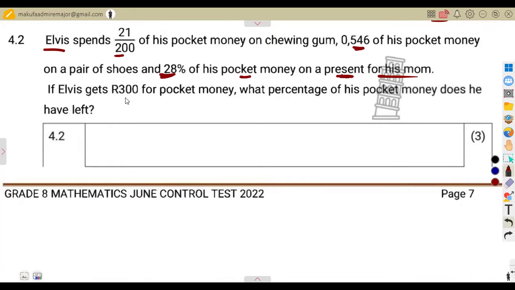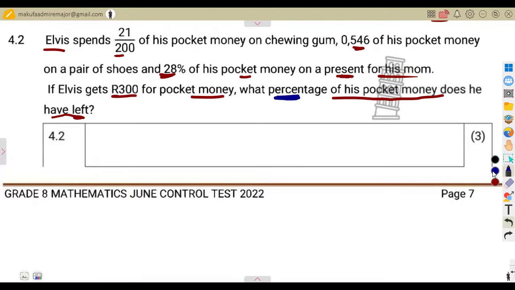If Elvis gets 300 Rand for pocket money, what percentage of his pocket money does he have left? The one that is left. What percent? The question is not just the pocket money, but what percentage? There's a lot there.